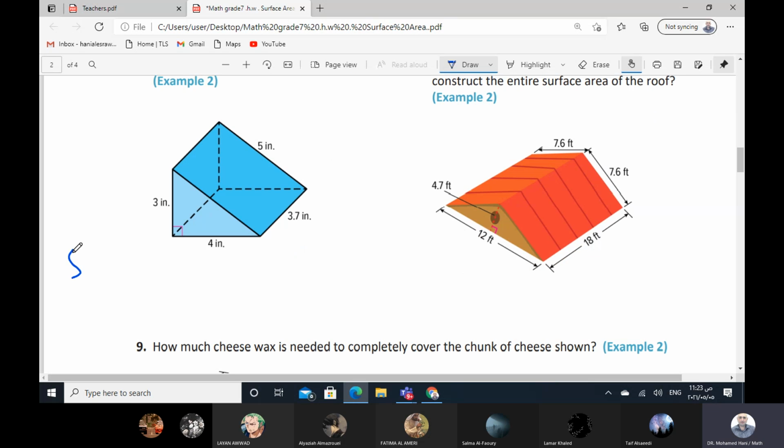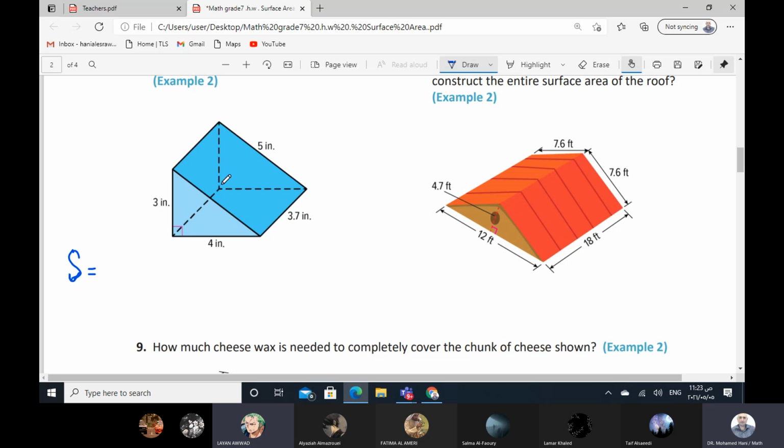S equals. Start from the base, here it will be a triangle. You will take 24 if you make 2 bases.